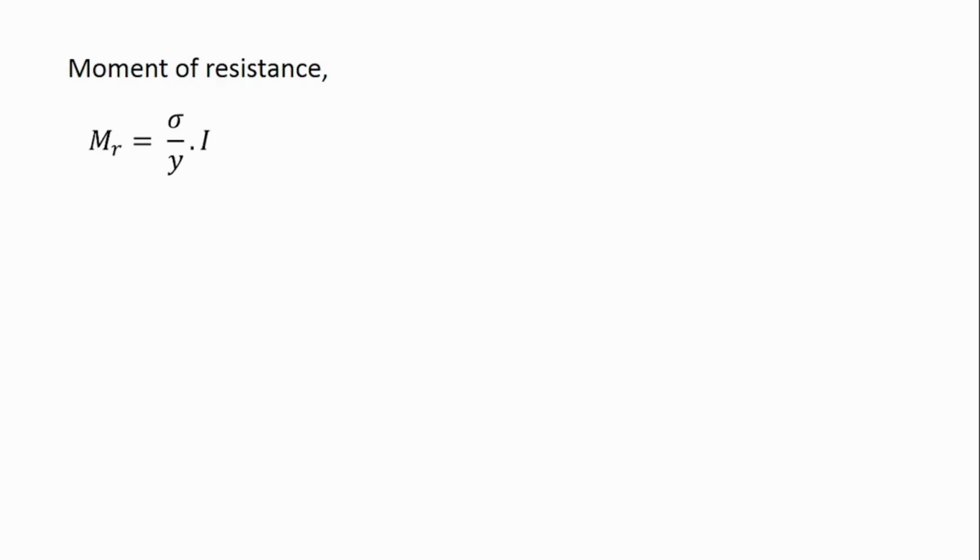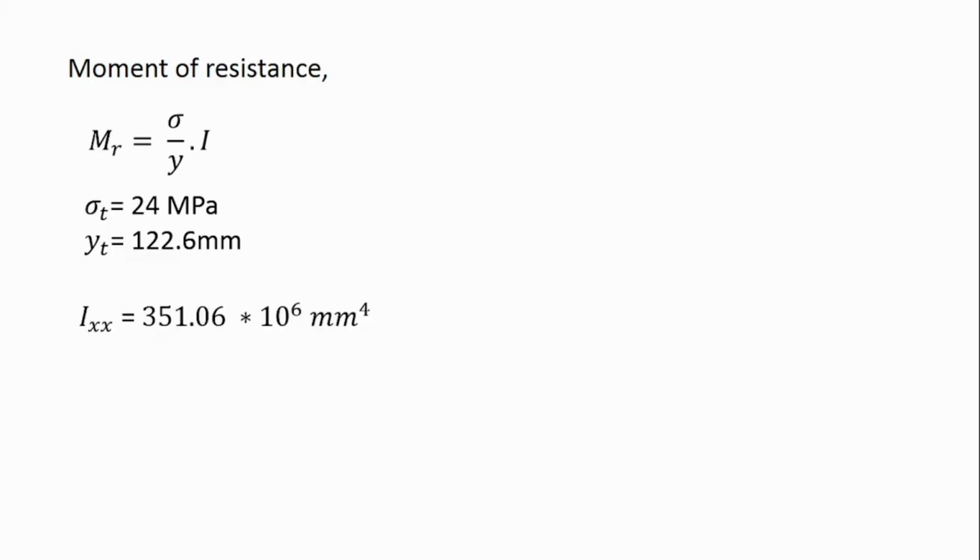Sigma T is 24, Y sub T is 122.6 millimeter, and our I, which is our moment of inertia along the neutral axis, we have calculated before as 351.06 times 10⁻⁶ millimeter raised to power 4. So if you put our values into that equation and simplify, we'll get our moment of resistance as 68.72 times 10⁻⁶ Newton millimeters.